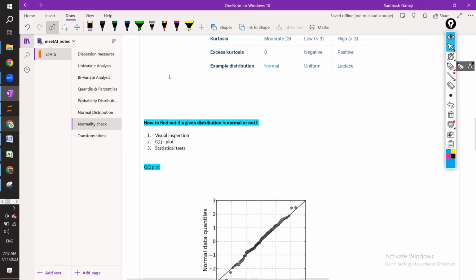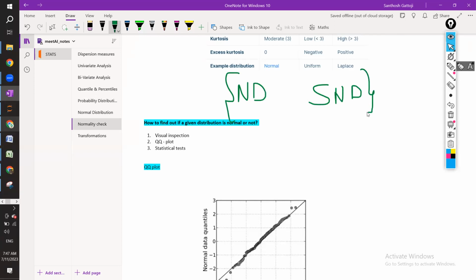The main agenda is, since we studied and established that normal distribution and standard normal distribution are the two heroes of statistics, our goal will be this: if the data is already normally distributed, then we are happy, lucky. If we are dealing with some other distribution, first of all we will try to understand whether it is following a normal distribution or not. If it is, we already know all the things about it and we will use this.